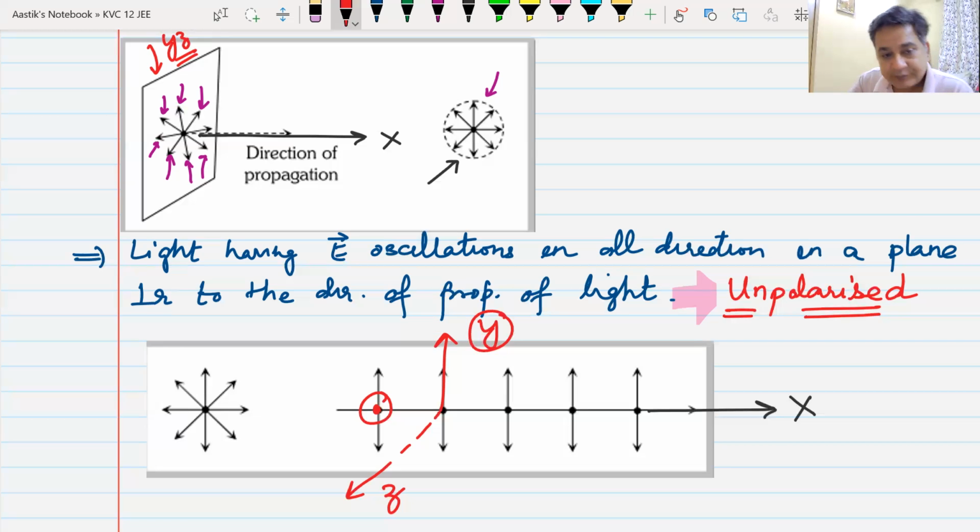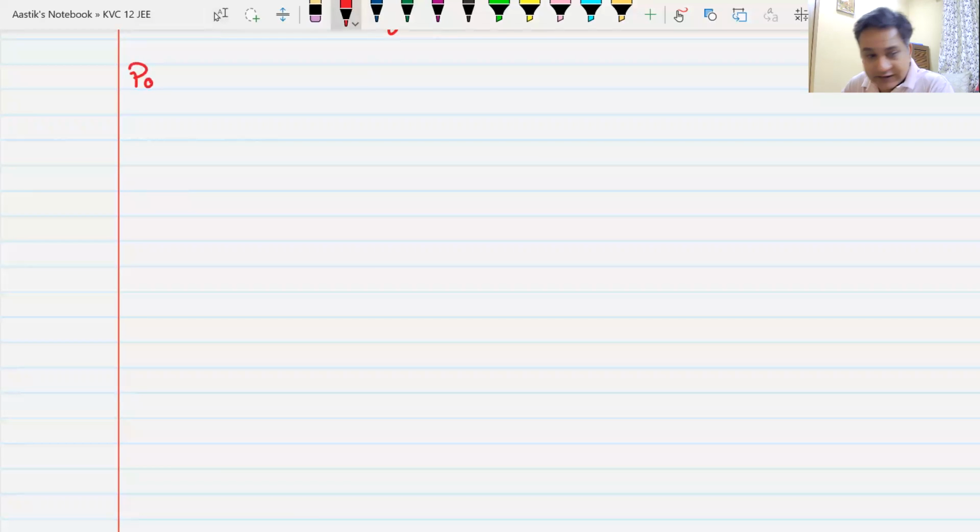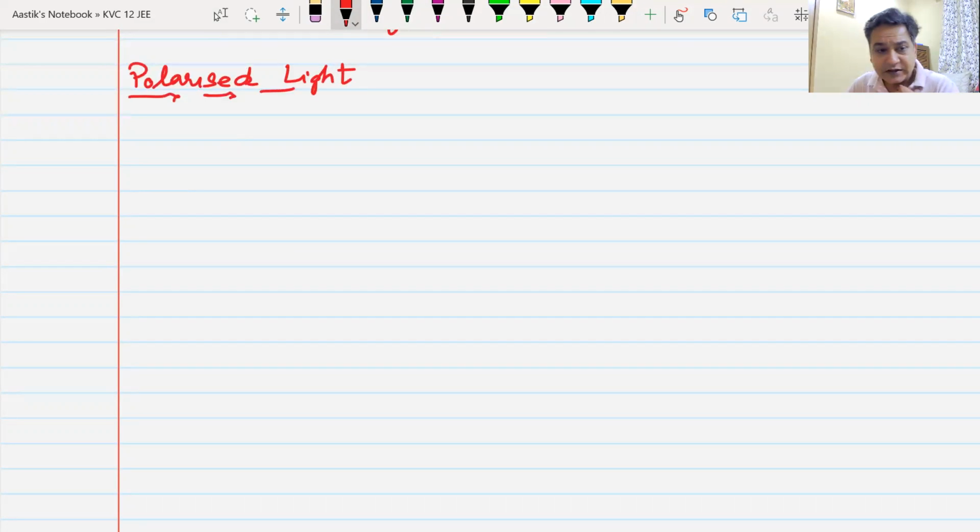This is unpolarized light. Then what would be polarized light, or we call it plane polarized light? The next heading, polarized light. Now, if you apply some common sense, you should be able to find out what is polarized light.